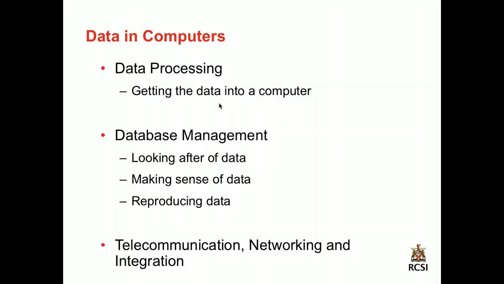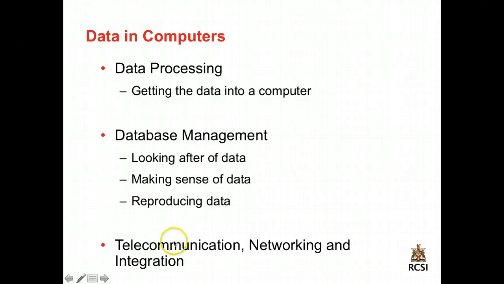Think of it from the point of view of scanning blood results. The output from a machine that's measuring blood glucose needs to be captured, needs to be assigned to a patient number, needs to be assigned to the correct patient. We need to be able to look after this data, make sense of it, and then reproduce it elsewhere.